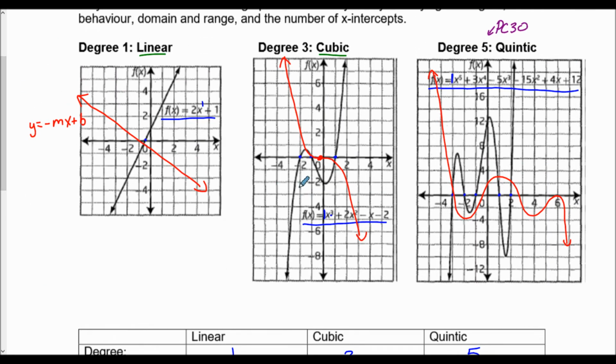If we look at the domain on the cubics or the quintics, you'll notice that they have the exact same characteristics. This one's going left, this one's going right. These ones are going all the way from the left to the right.